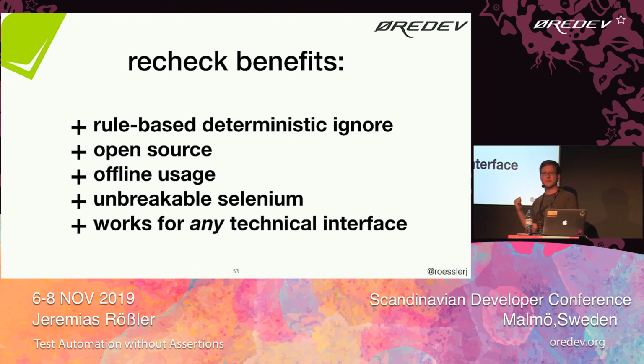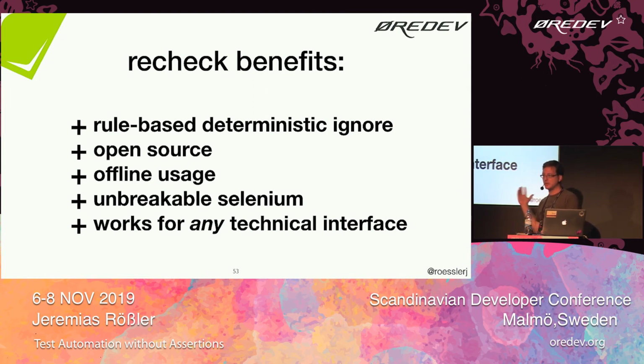Right now it's implemented for Java, and this works as I showed you, but we're looking into an implementation for JavaScript, which we hope will be ready in 4 to 8 weeks, and then we can have it for frameworks like Cypress or Puppeteer as well. But right now it's just Java. You can use it offline because the golden master is just a normal file, so it's created locally.